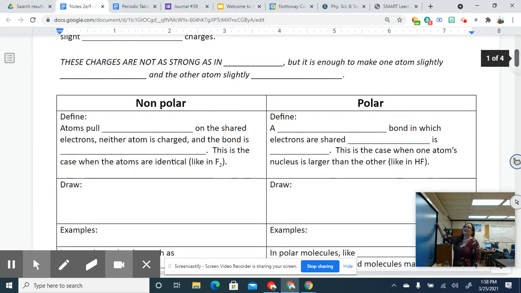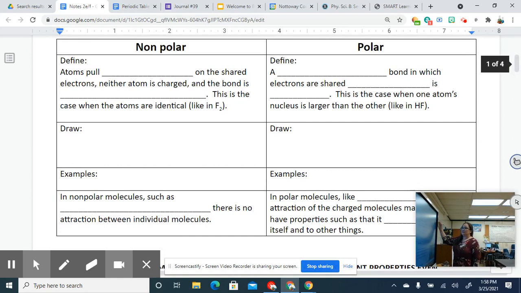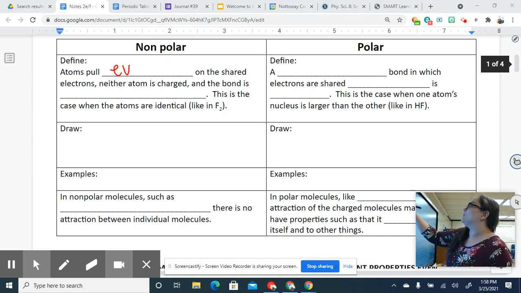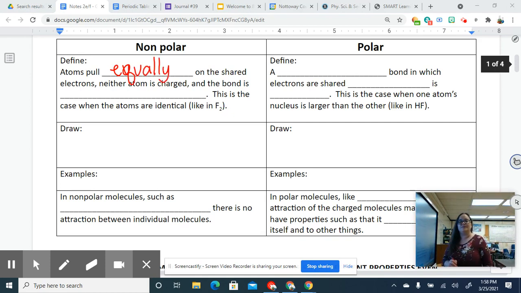So now we have a lovely little chart where we're going to look at the differences. So we have polar versus nonpolar. Let's start with nonpolar. So in the nonpolar covalent bond, in nonpolar molecular compounds, the atoms pull equally. I was going to put evenly, but equally is the word I use in the quiz, so that's the word I should use now. Atoms pull equally on the shared electrons.